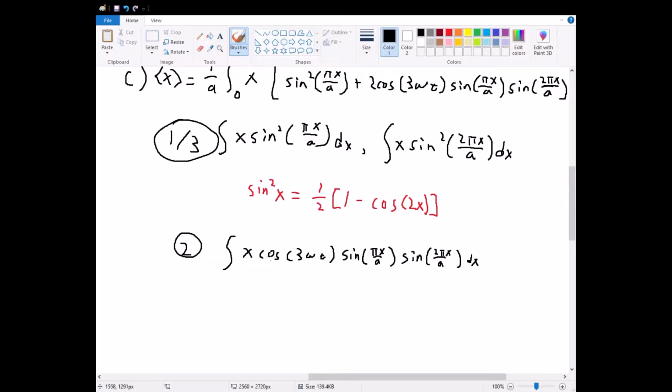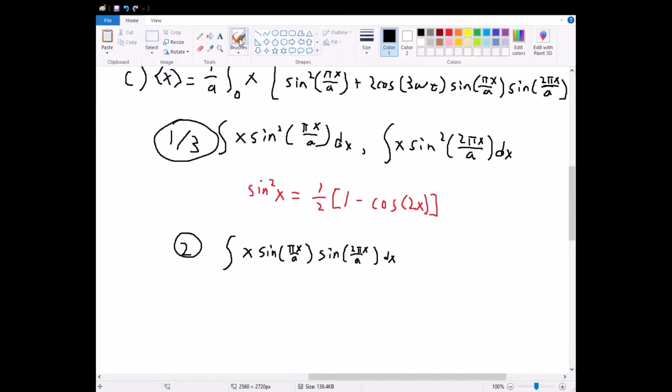First off, we can instantly get rid of the cosine 3 omega t because that has no x dependency, so we don't actually bother with it. It just moves out of our integral as a constant. So we have x times sine of one thing times sine of another thing.